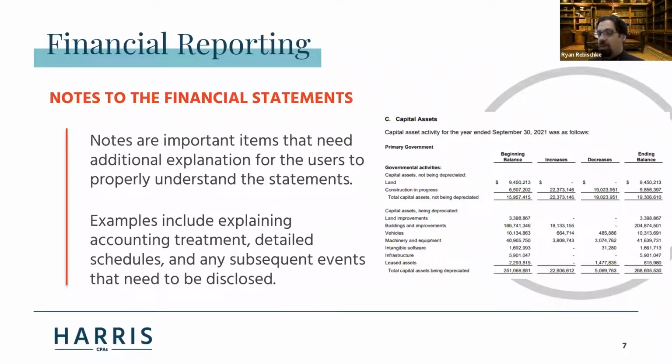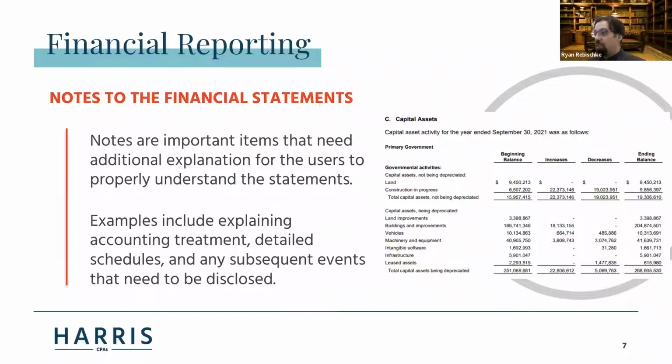Land improvements, buildings, vehicles, these are all things that give you a breakdown of what kind of assets this entity has. What do they spend their money on? How much of that is still rolling? How much of that maybe is starting to get a little older and will be replaced? You can glean that information from this footnote.